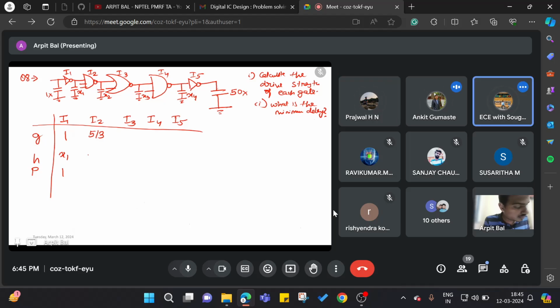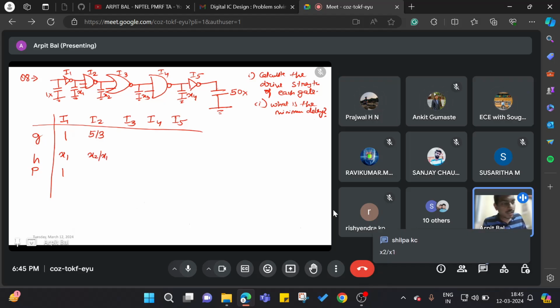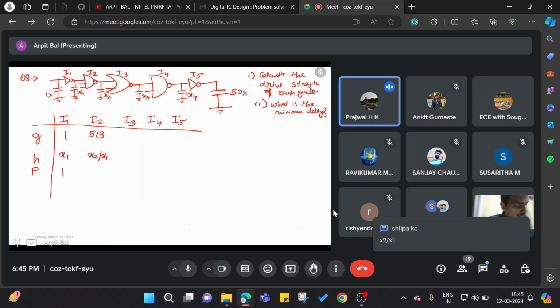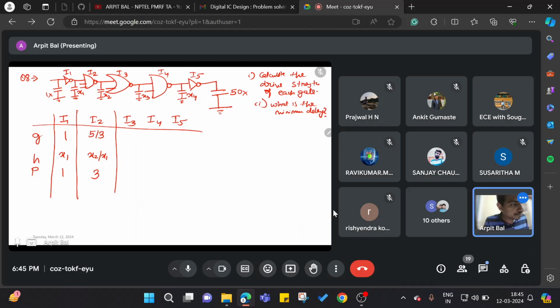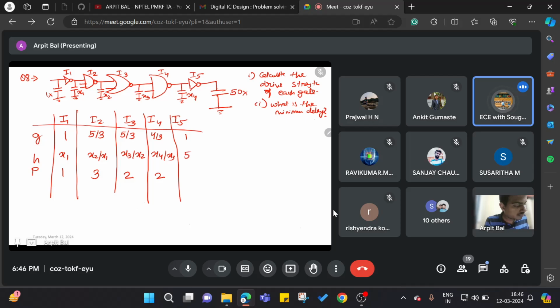X2 by X1. What is the P? 3. Similarly for I3, what are G, H and P? 5/3, X3 by X2 and 2. For I4, 4/3, X4 by X3 and 2. And for I5, 1, 150 by X4 and 1.